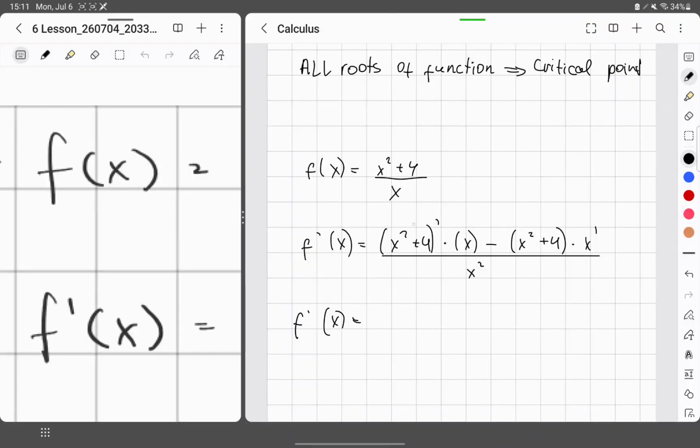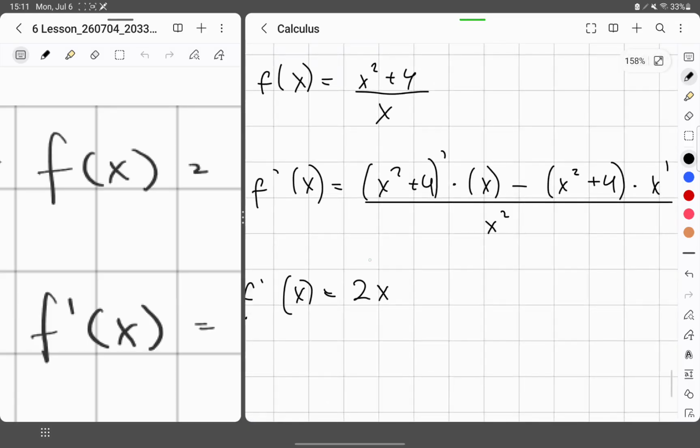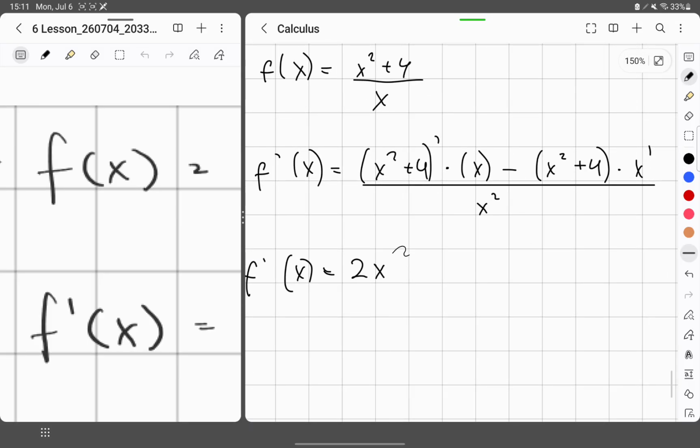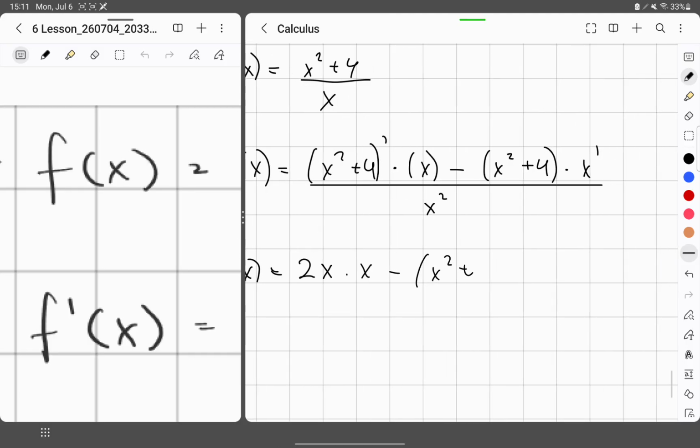What is the derivative of x squared plus 4? The 2 will come here, 2x, okay? I hope that we know how to find a derivative. So 2x times x, minus (x squared plus 4). I hope I don't make any mistake. The derivative of x will be what?